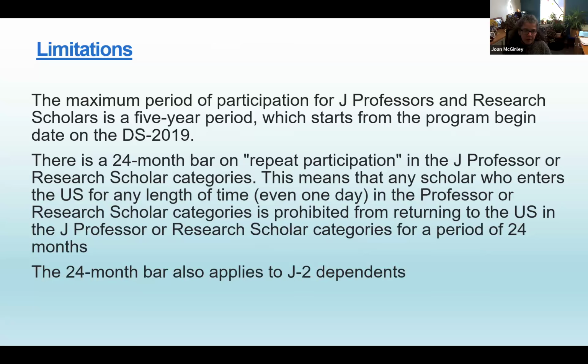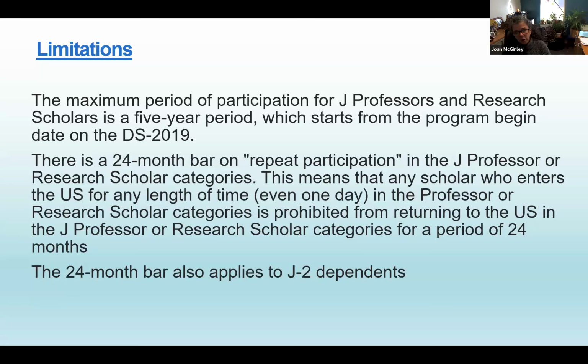This is more on the 24-month bar on repeat participation. Again, professors and research scholars, 5-year maximum. People do ask if there's an exception. Can we do another extension? There truly is not an exception to this. You get 5 years in J status.